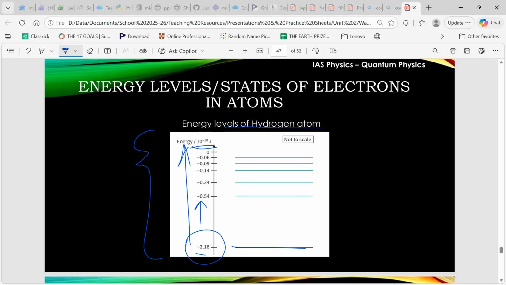And since we are providing that energy externally, we write it down with a negative sign, minus 2.18 into 10 to the power minus 18 joules. So there is a large magnitude of energy we need to remove an electron from this energy level.